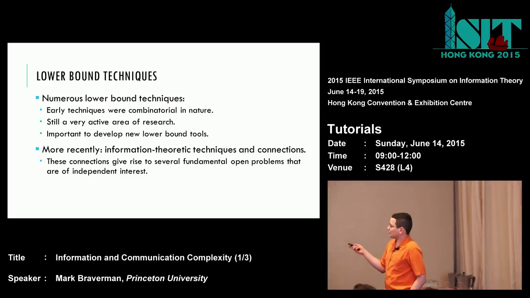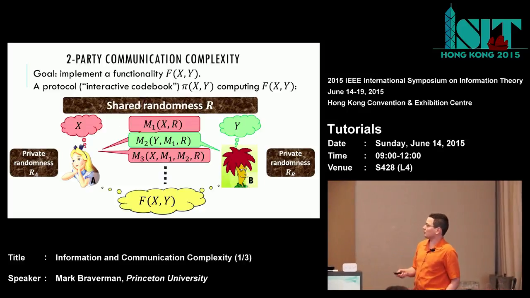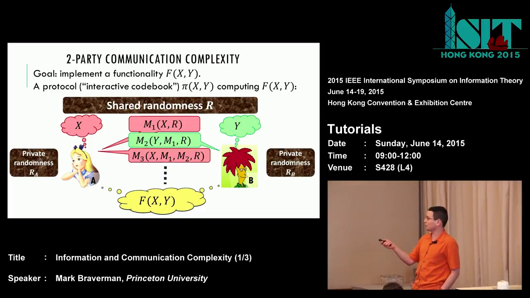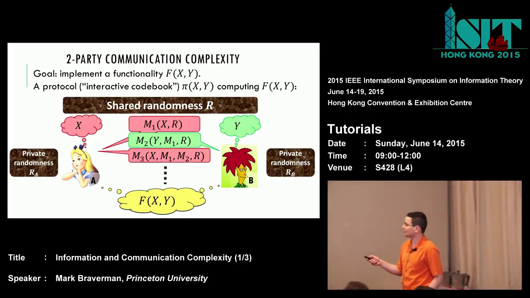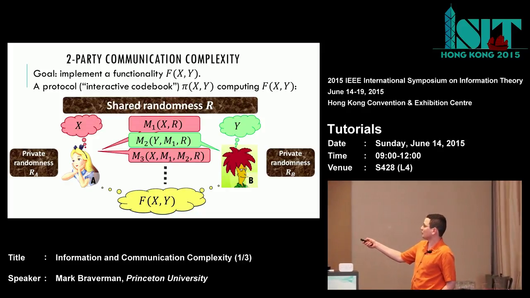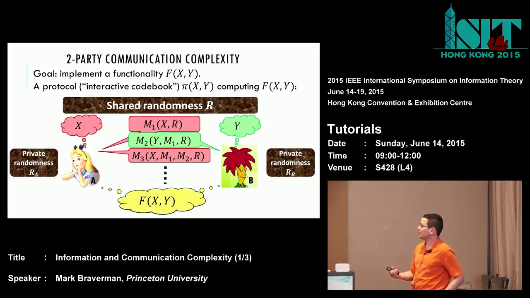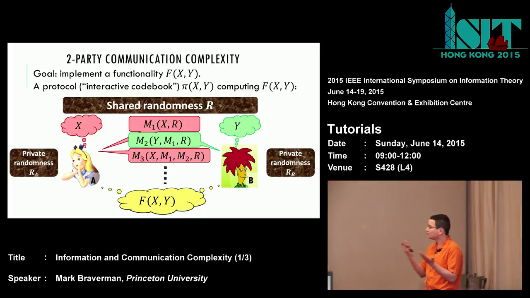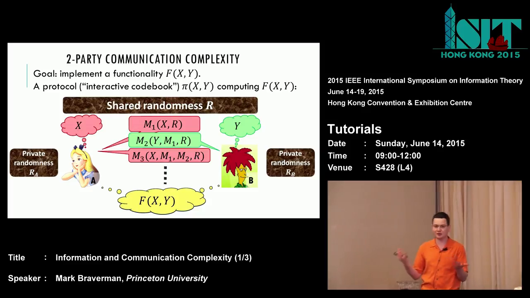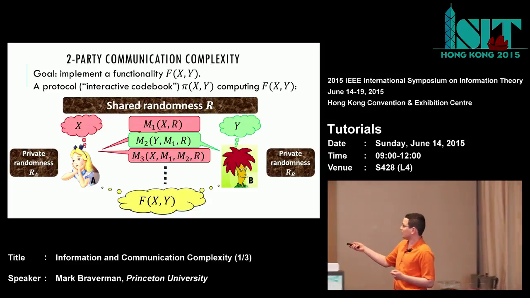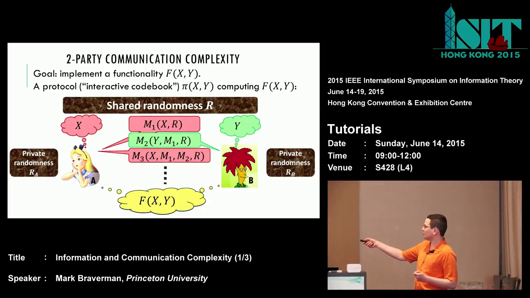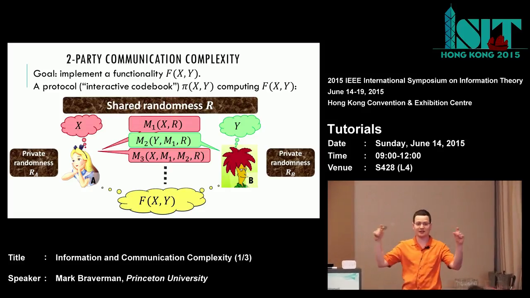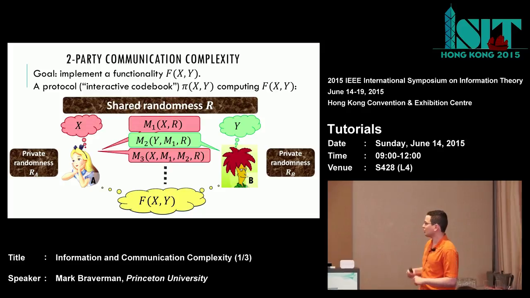OK, so let's be a little bit more formal now with respect to the model. We'll focus on two-terminal, two-party communication complexity. The goal is to implement some function f of x, y. And the tool being used is a communication protocol, which can be thought of as an interactive code book. For this talk, we'll assume that Alice and Bob have access to a shared random string.